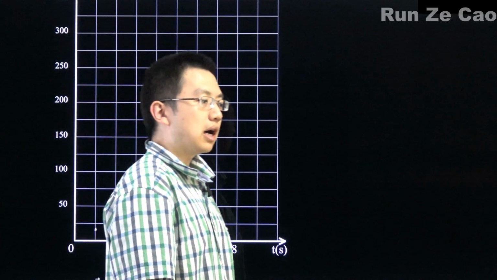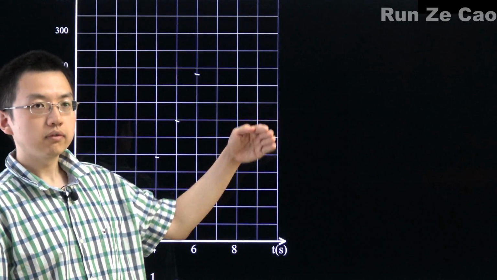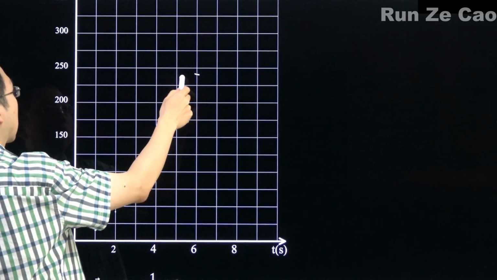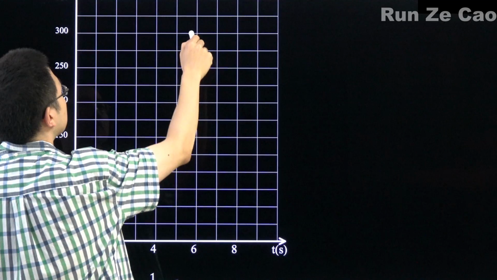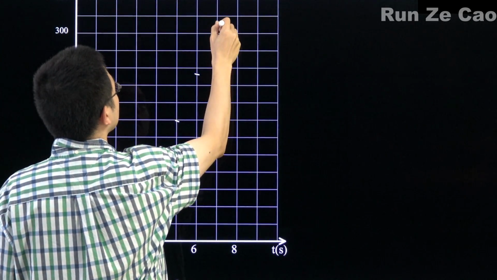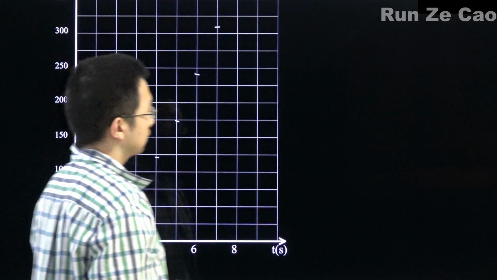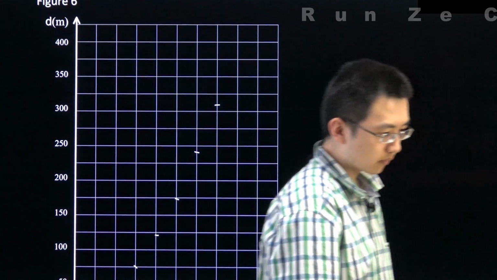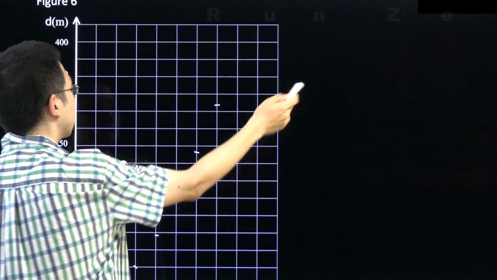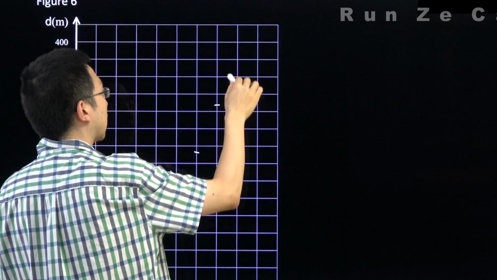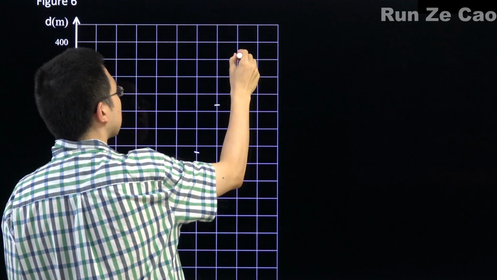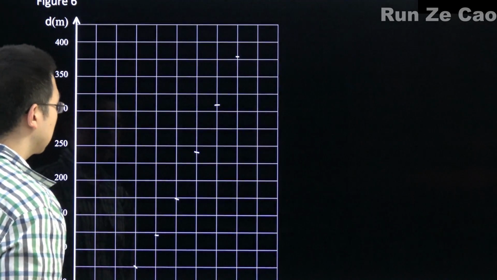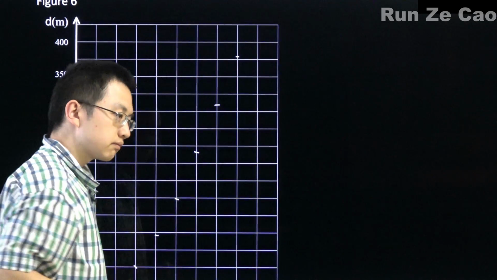And then we go up 70 for every second. And from here, that's 10, and then 50, and then 10 again. That's 15, and 50, that's 65, and then 5 over here. And then off the charts.